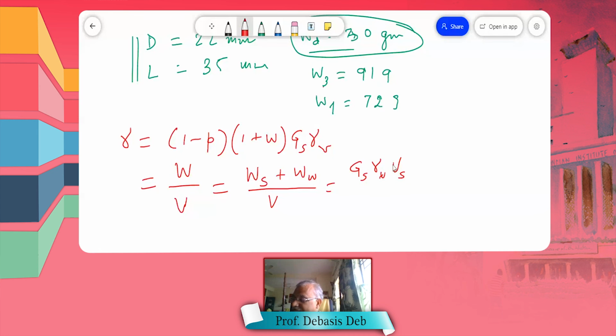Then multiplying by the meter cube will give you the weight of that solid.